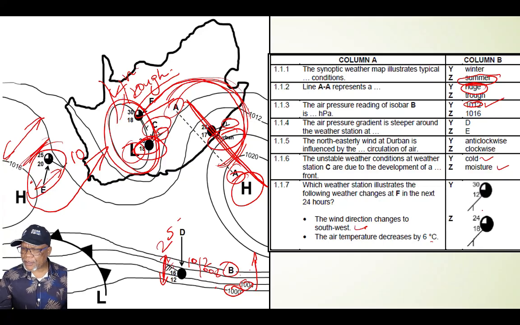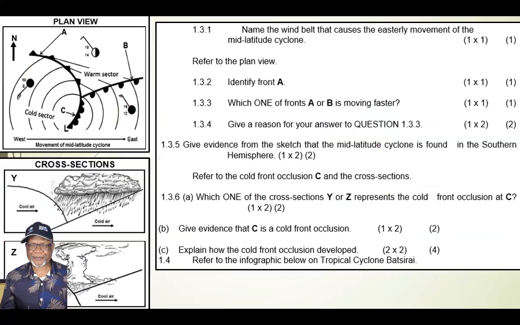So this is the station model that shows these characteristics, where you have the difference between the dew point temperature, which is at the bottom. This temperature is called the dew point temperature, or minimum temperature. And this one is called the maximum temperature or air temperature. So this is where you have the difference. Which means the correct answer there will be number Z.